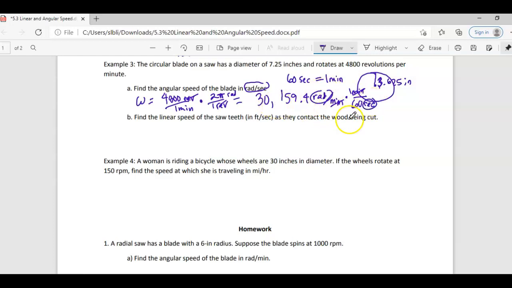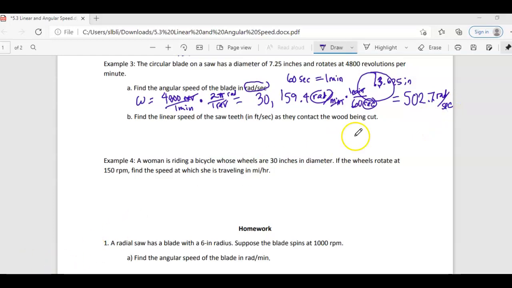Okay, so that's just, if this is on the bottom, it's just the same as this divided by 60. So 30,159.4 divided by 60 is equal to 502.7 radians per second. Okay, so there's our angular speed.